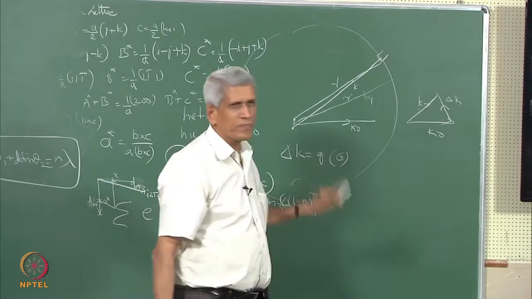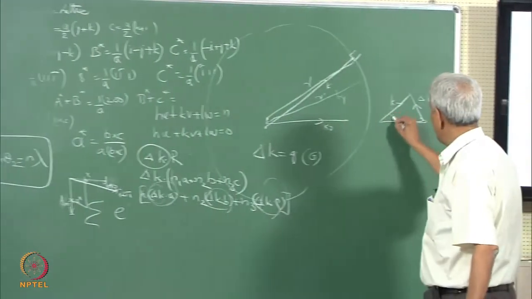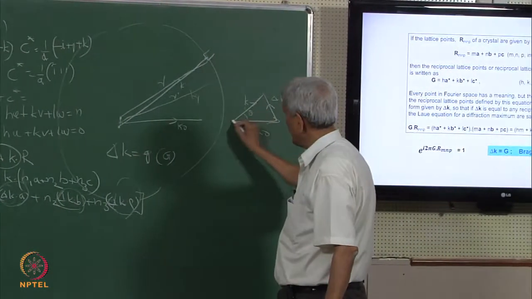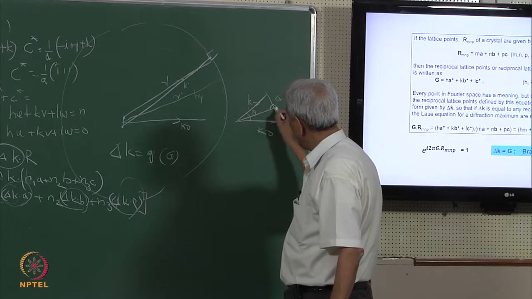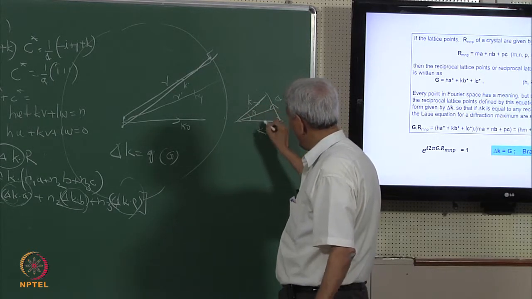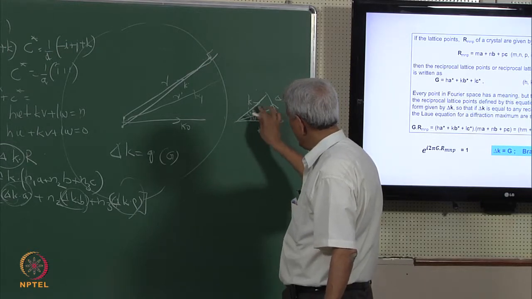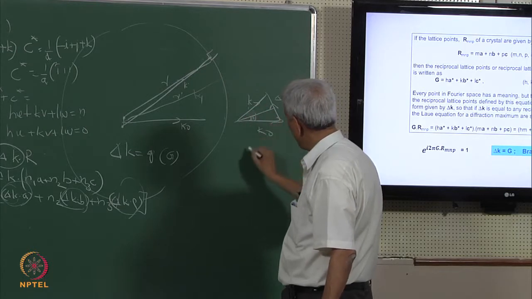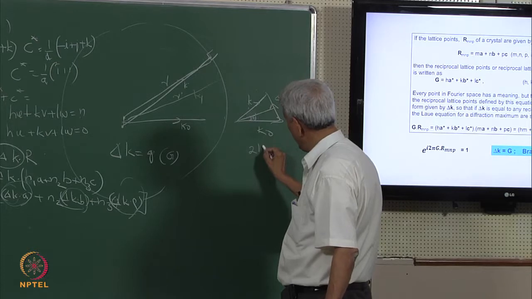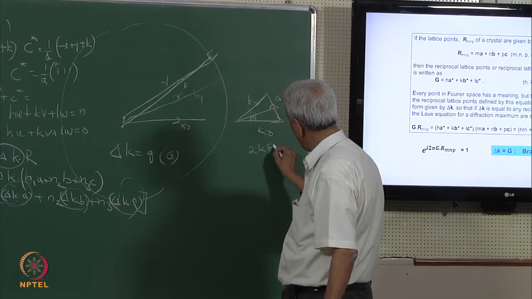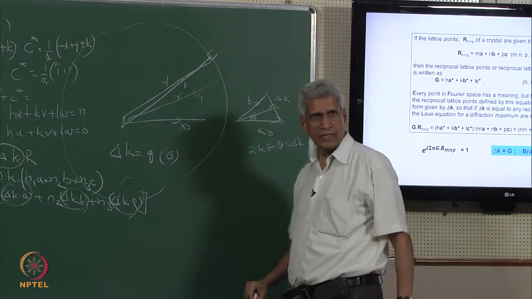What is delta k? Delta k is this vector, correct? This angle is nothing but 2 theta, right? And if you take this one, this delta k will turn out to be, if this angle is theta, 2k sin theta equal to delta k, right?